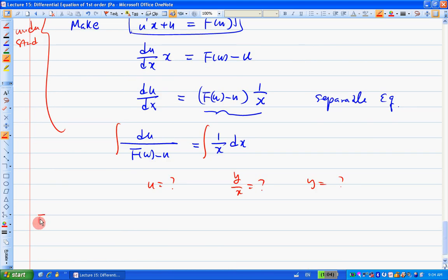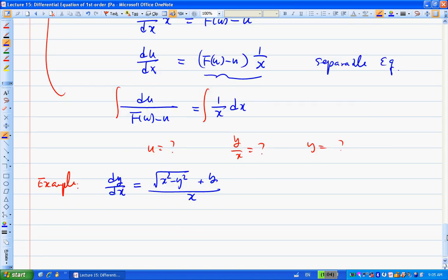So let's take an example. Here's a first order differential equation.